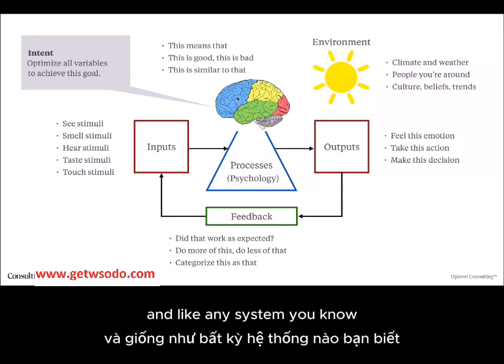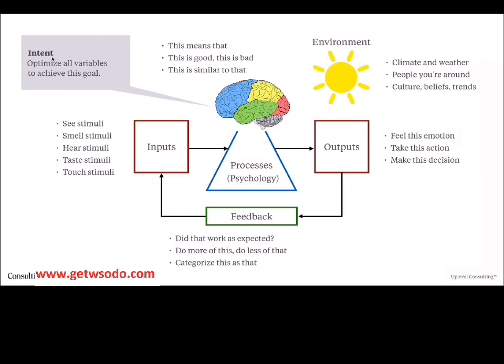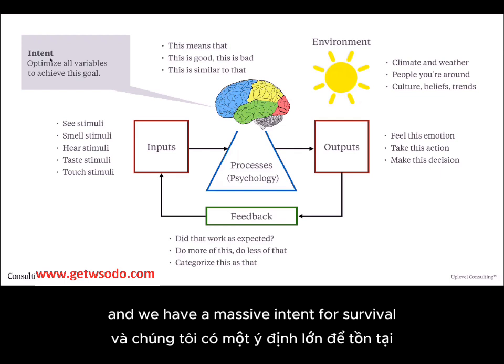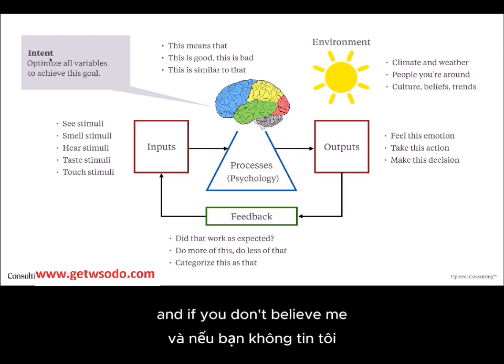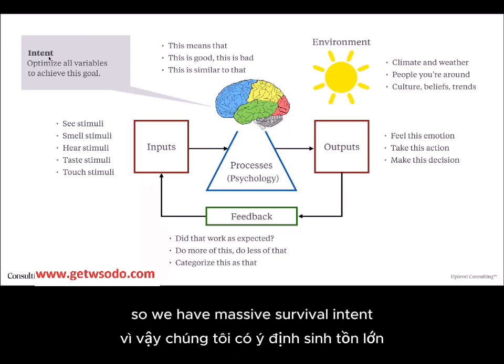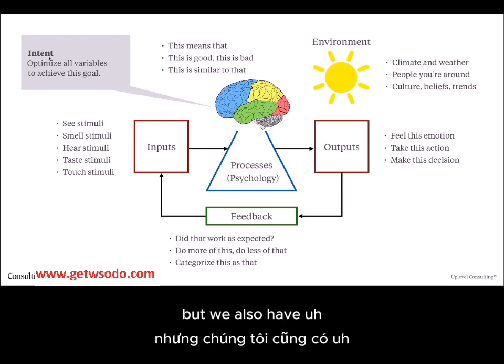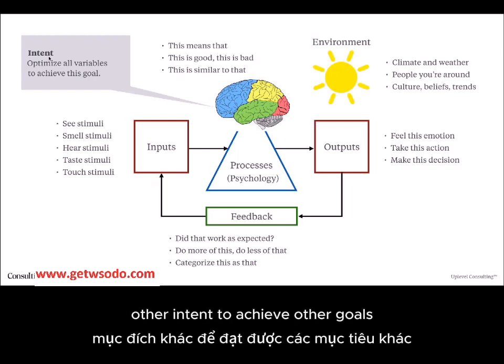And like any system, our minds and ourselves have an overarching intent. And we have a massive intent for survival. And if you don't believe me, just see how in the zone a human being will go when it comes to survival. So we have massive survival intent. But we also have other intent to achieve other goals.